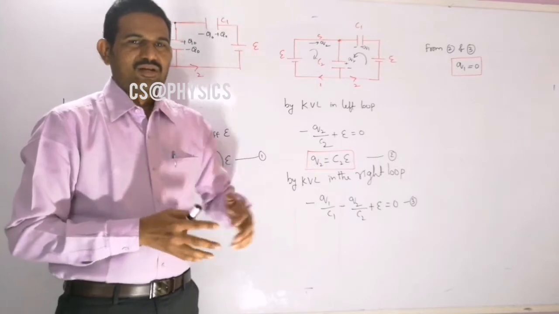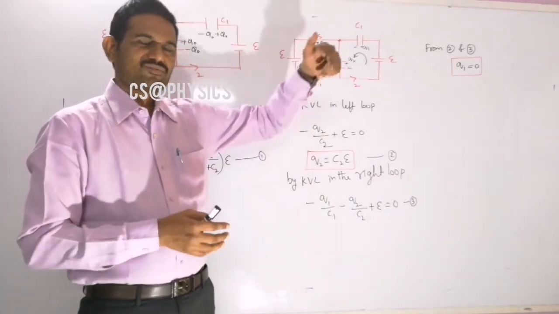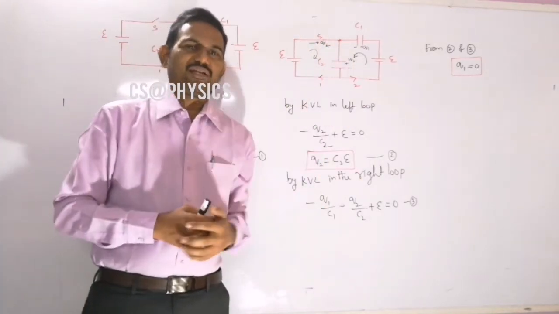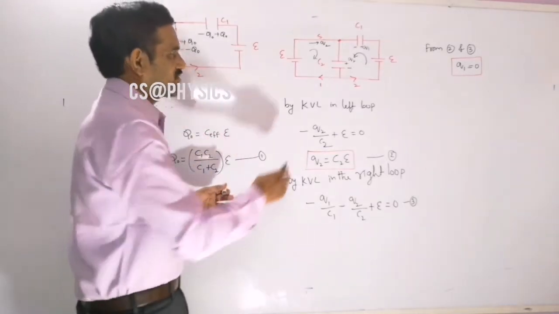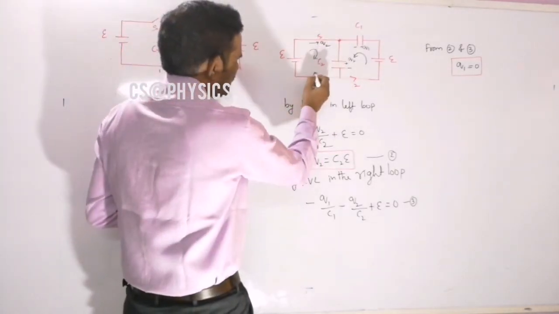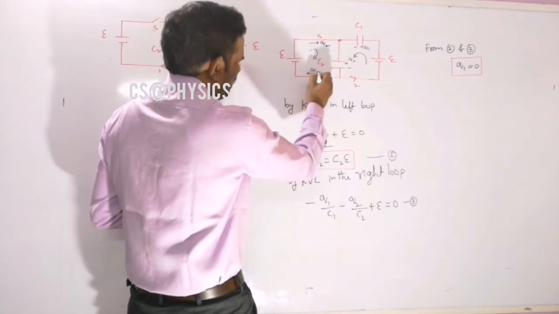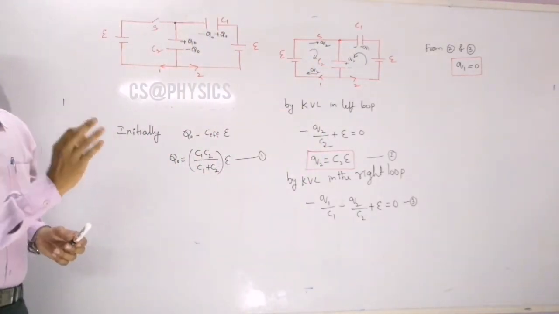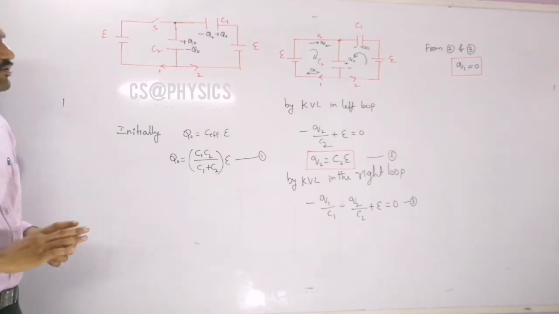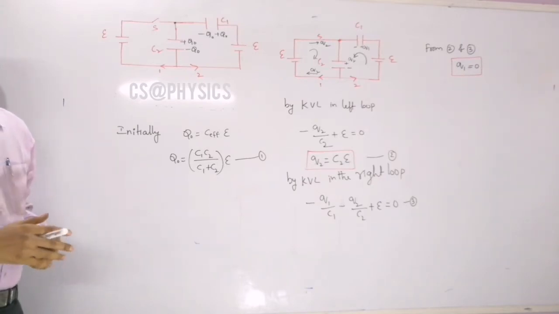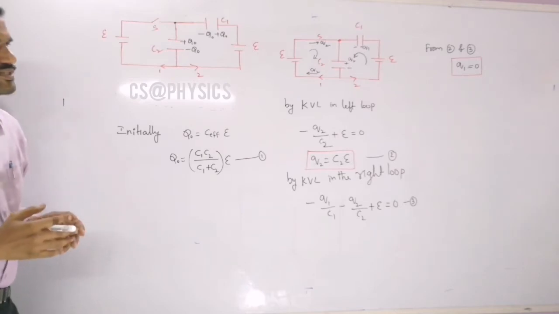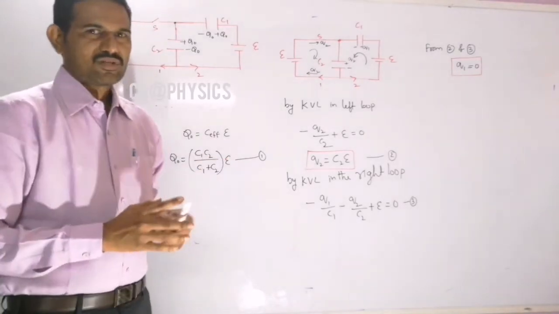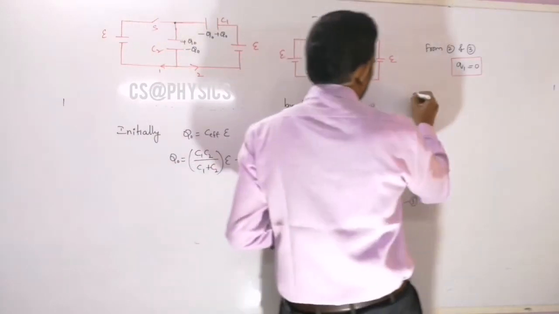Then by conservation of charge, the same amount of charge should enter the negative terminal. So this Q2 charge should flow like this and enter this terminal here. That is the charge flowing along path 1. Is it clear? The charge flowing along path 1 is nothing but Q2.